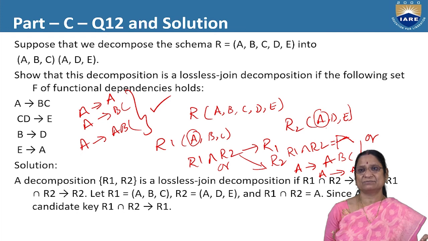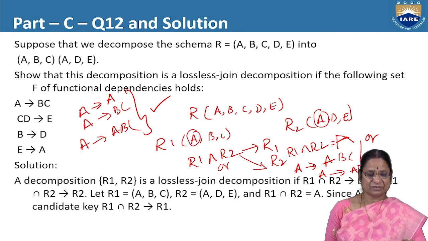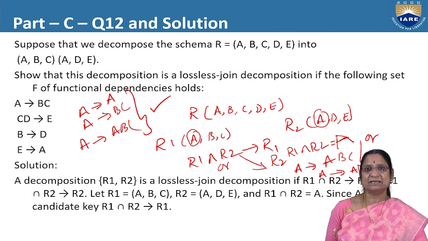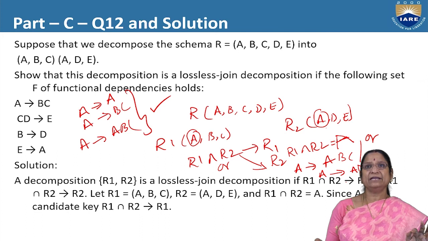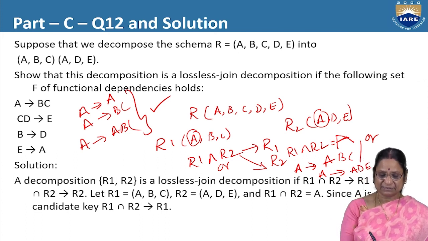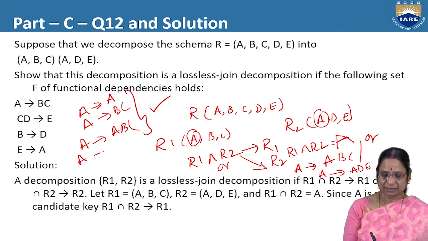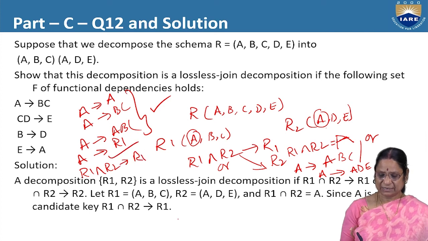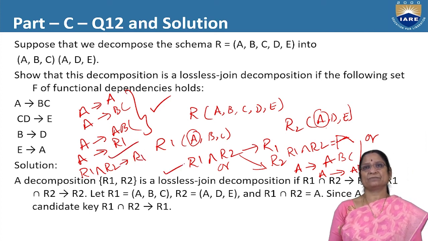Either of them must be satisfied. So in the first set of FDs given, A determines BC, and A determines A is a trivial dependency. The combination of these two gives us A determines ABC. That means A determines R1, that is, R1 intersection R2 determines R1 is satisfied. So it is a lossless join decomposition.